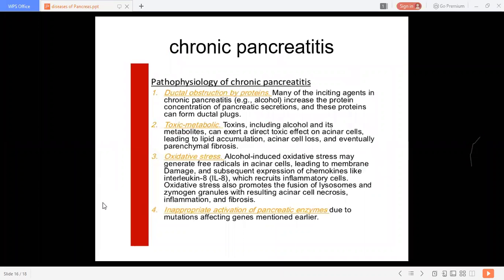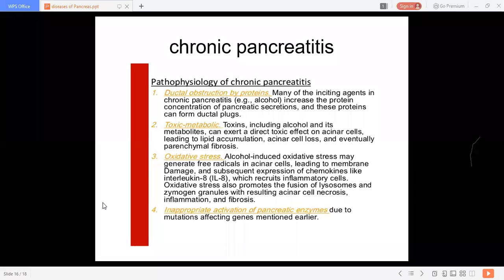Now, the pathophysiology of chronic pancreatitis. The first is ductal obstruction by proteins. Many agents are involved in chronic pancreatitis. Alcohol increases the protein concentration of pancreatic secretions, and these proteins can cause ductal plugs.